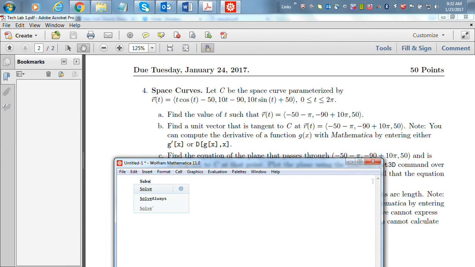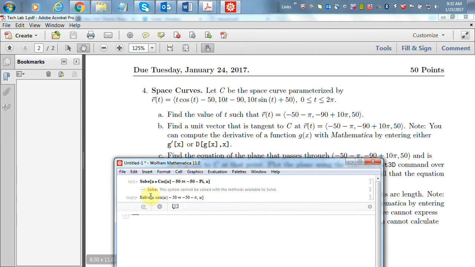The command is Solve: u times cosine of u minus 50 is equal to, and you put two equal signs, minus 50 minus pi. Let's see what happens.